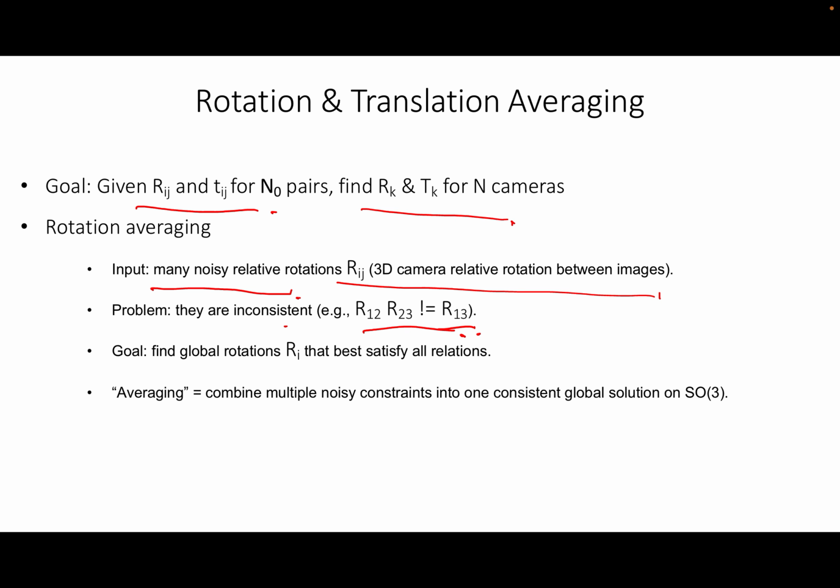Our goal is to find global rotations Ri that best satisfy all relations. Averaging combines multiple noisy constraints into one consistent global solution in SO(3). SO(3) is just mathematical stuff, and we will not see the details of what averaging exactly means. What we can say is that rotation averaging uses all kinds of relative rotations and, considering all of them, gets the global rotation that best satisfies all relations.